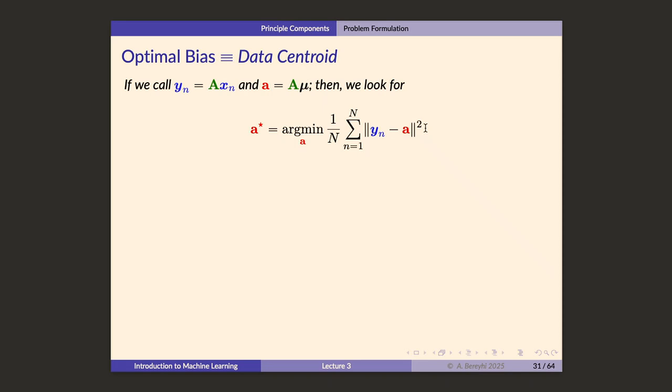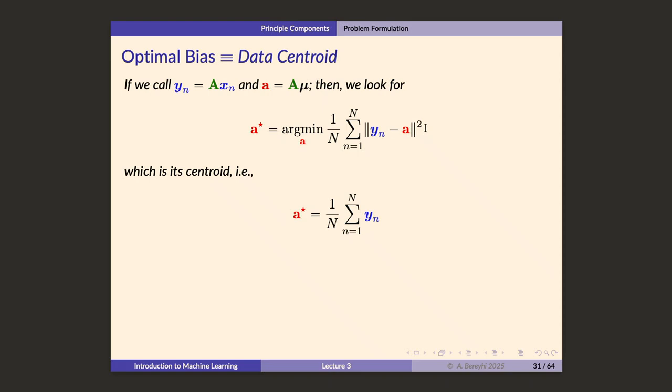The centroid is simply the arithmetic average of all the points. So if I wanted to solve this problem in terms of A, the solution is simply this: the best A that I can choose, at minimum distance from all y points that I have, is the centroid of y, right?